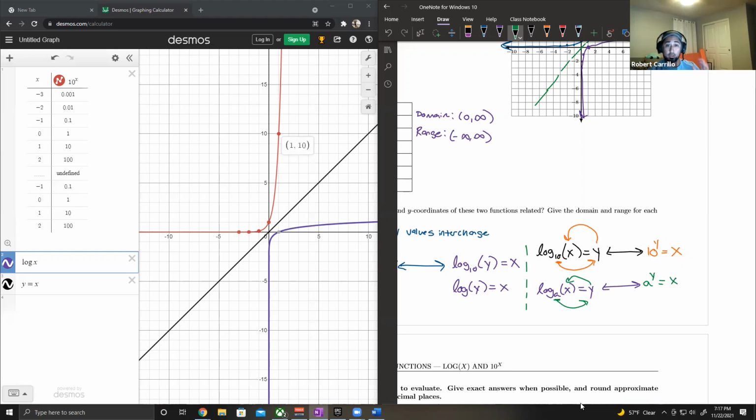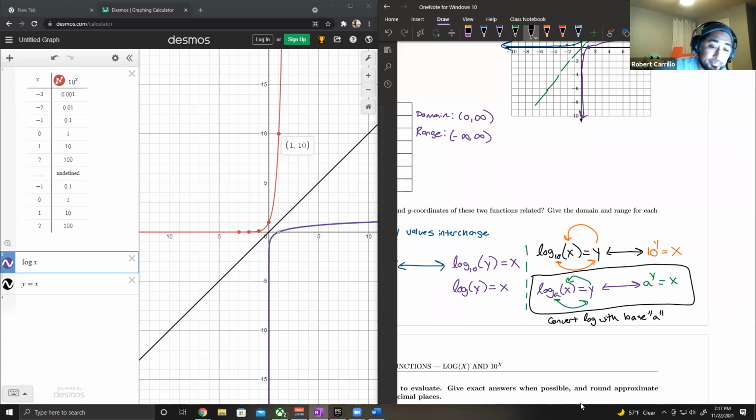So this works for a log with any base. And I'll put that down: convert log with base a. So if your base is 5, 2, 17, 2000, this is how you would convert that.